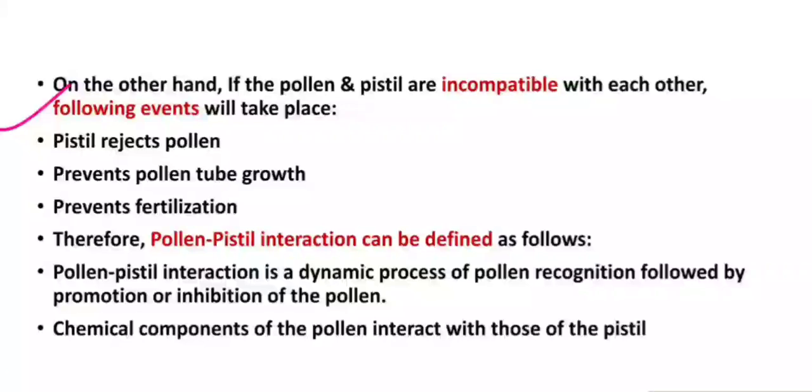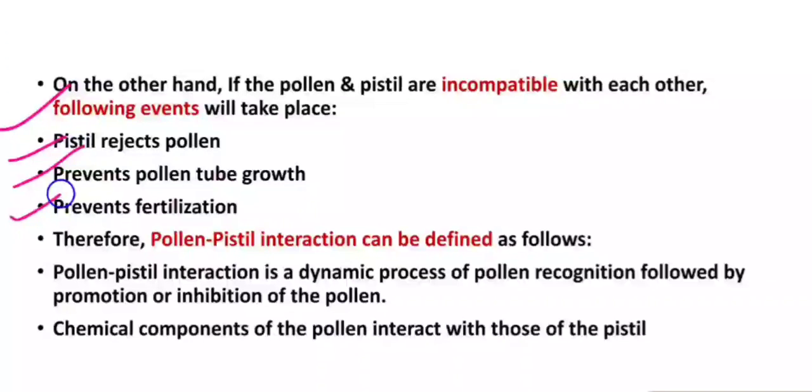All these events will take place if the pollen and pistil interaction is compatible. That means if the pistil or the stigma part of the female reproductive organ has compatibility for the pollen, then the pollen will germinate and the pollen tube will form. But if the pollen and pistil are incompatible with each other, then the pistil rejects the pollen, prevents the growth of the pollen tube, and prevents fertilization.